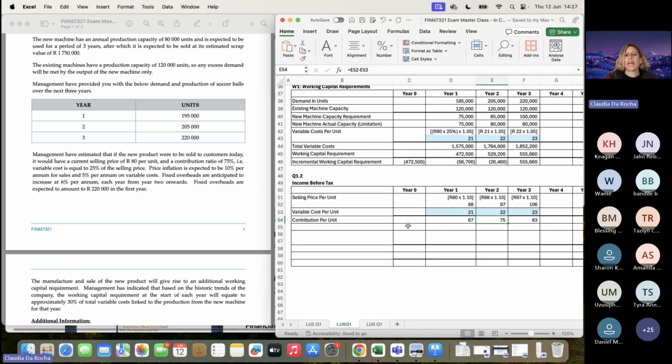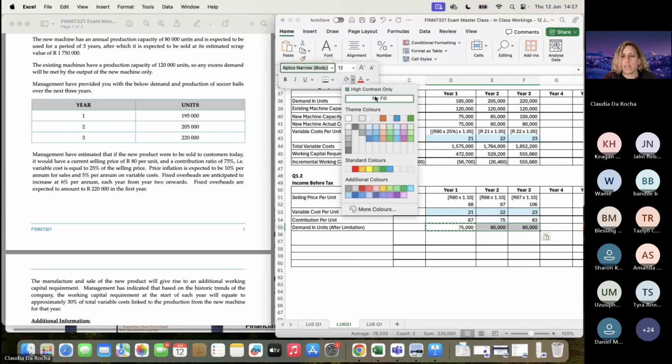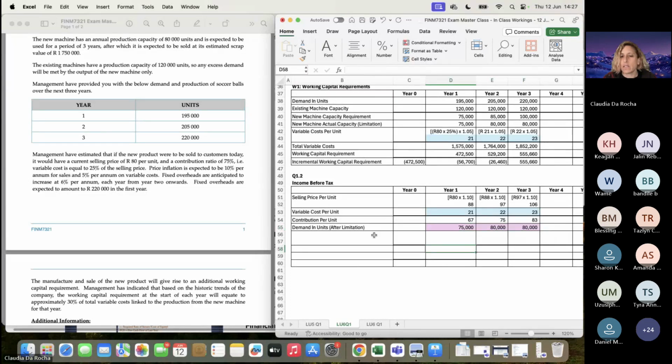Now we need to say what our demand is, and we know it is basically what we had added here. Okay, which then gives us our total contribution.